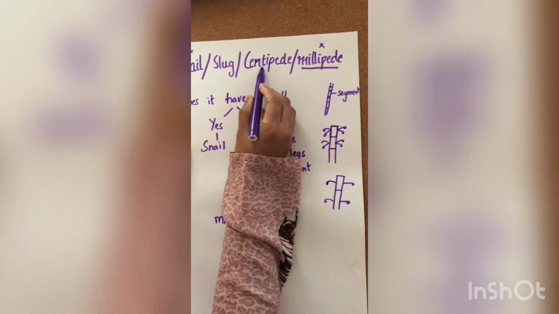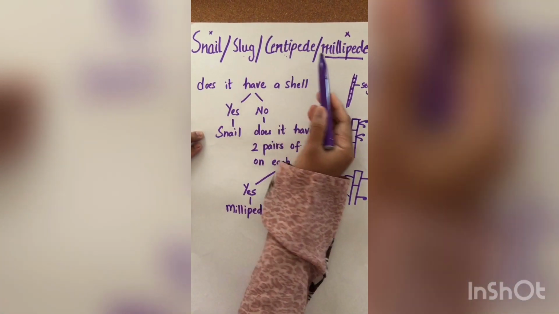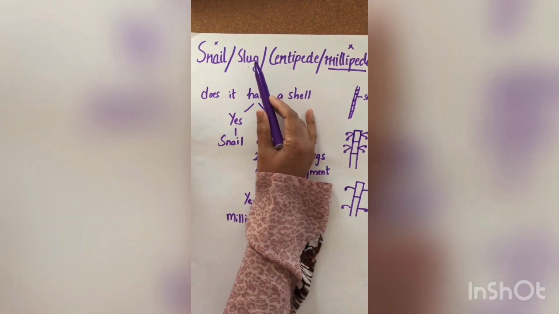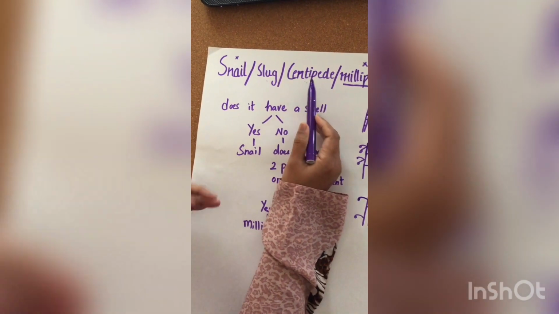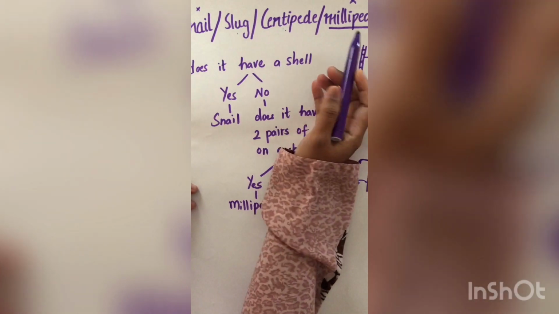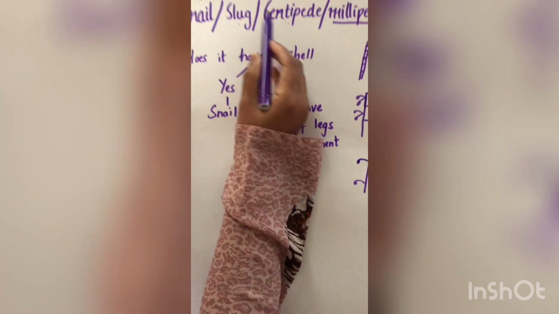So now we have centipede and slug. If you want, you can make a key like, does it have segments? So slug doesn't have a segmented body. Centipede has a segmented body. You can make that as a key. Or does it have legs? So this one doesn't have, this one has.